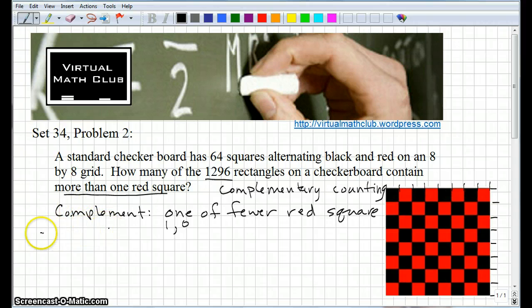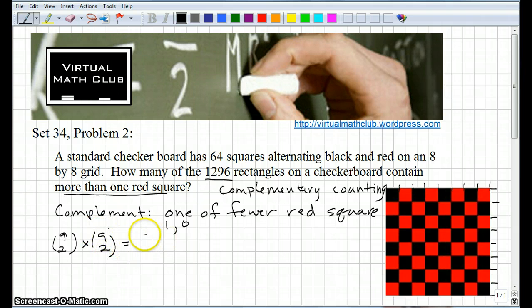The way that we get 1,296 is, if we choose any 2 of the vertical lines and any 2 of the horizontal lines, we'll automatically get a rectangle. So we can calculate it by doing 9 choose 2 times 9 choose 2.